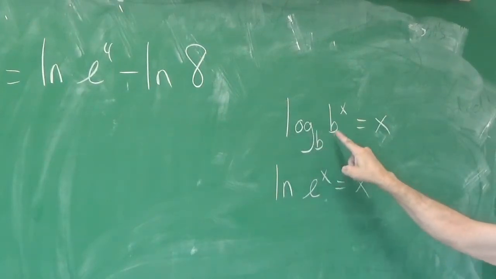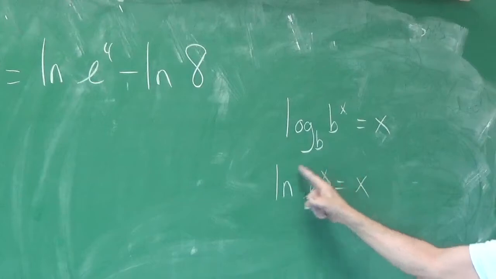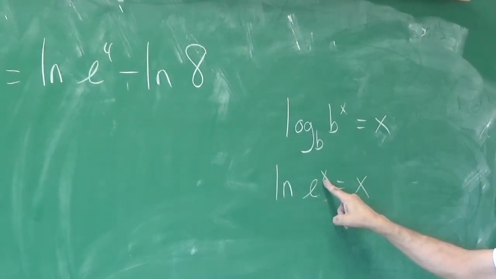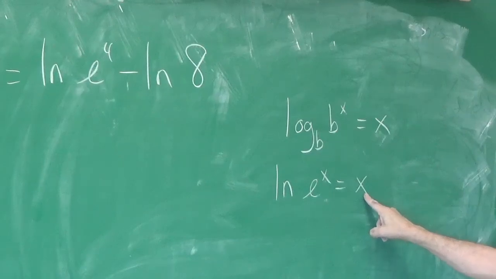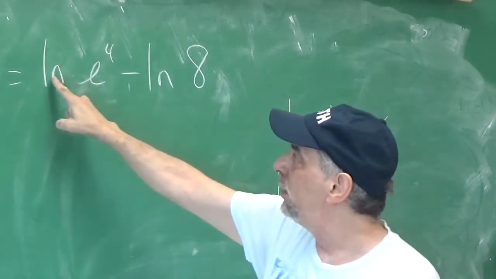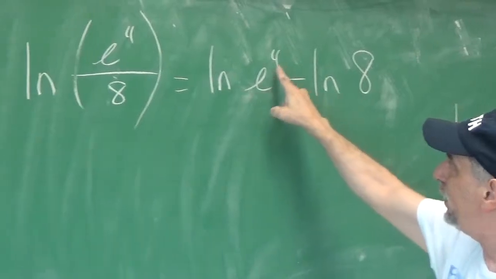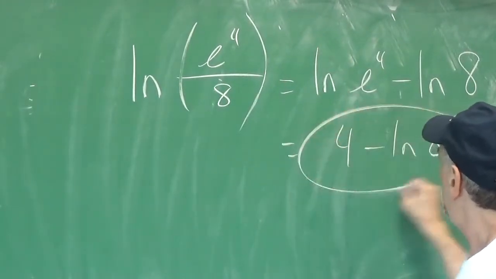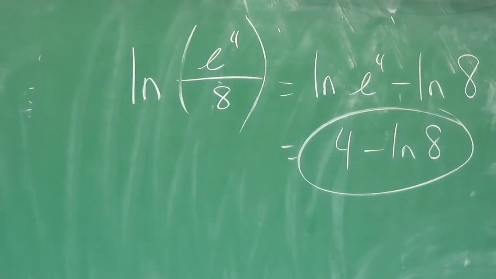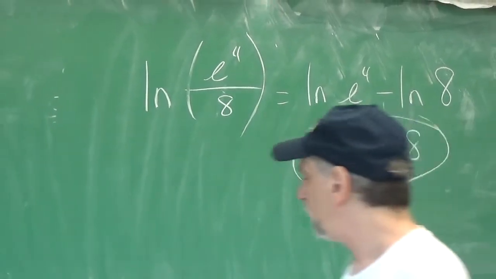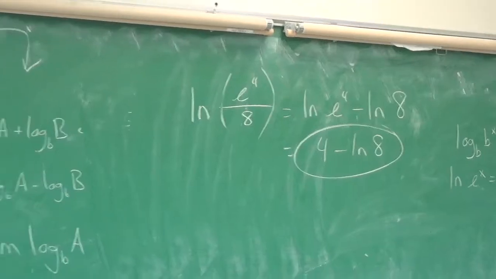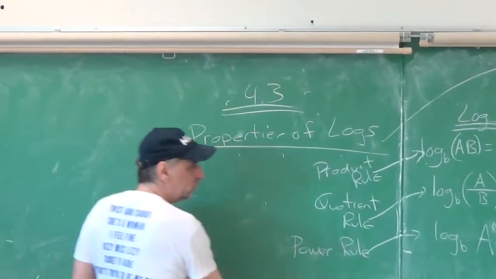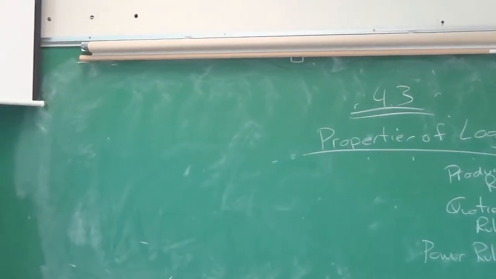It's just this form for the Euler's constant. So if you had natural log of e raised to anything, that answer is just whatever that exponent is. That's what we have here. Natural log base e, e to the fourth. So that's just going to be 4. And there's nothing we can do with the 8.